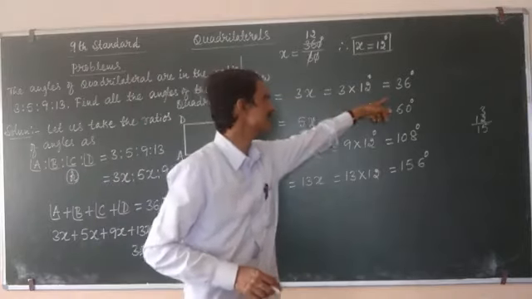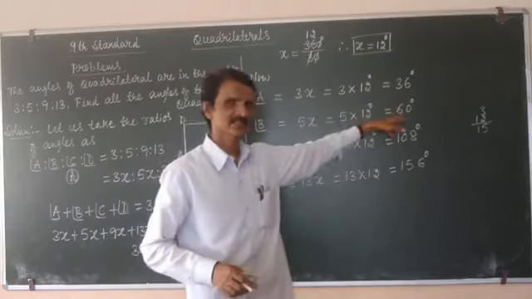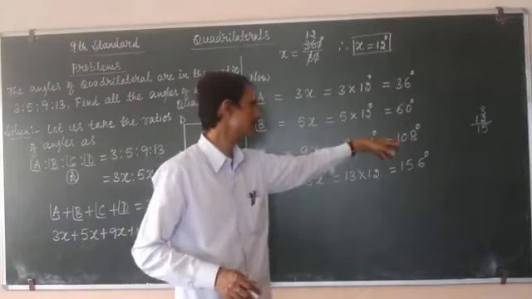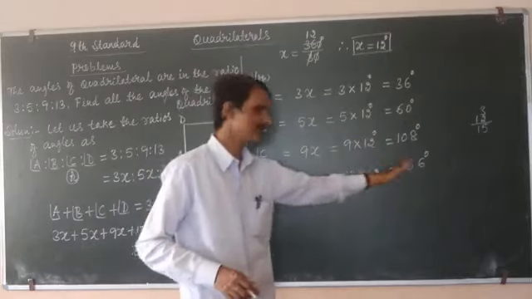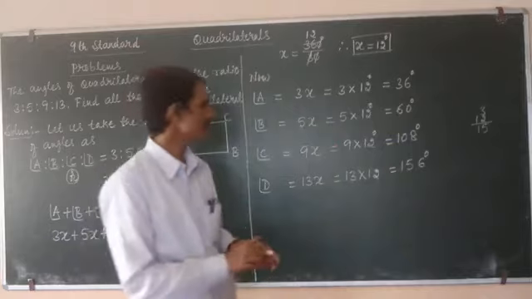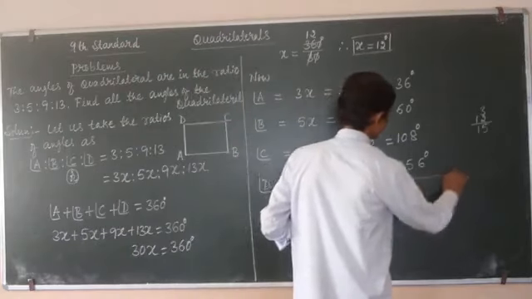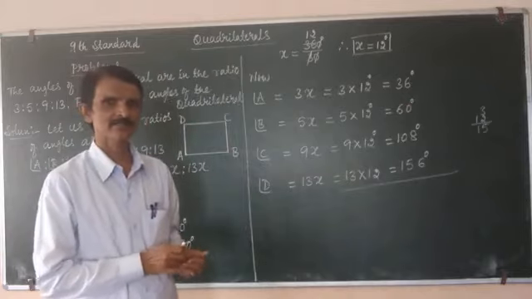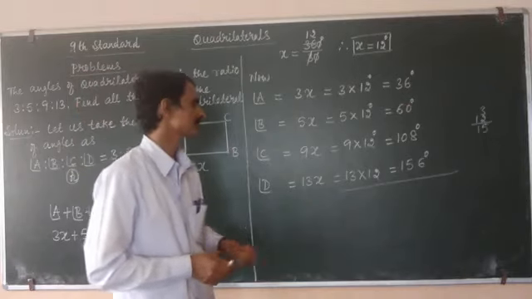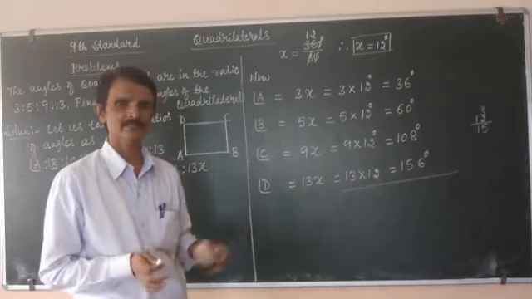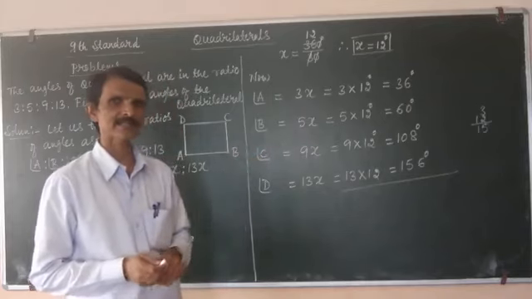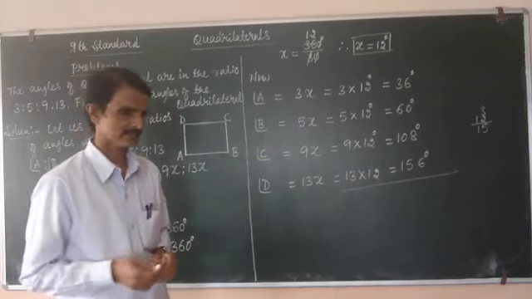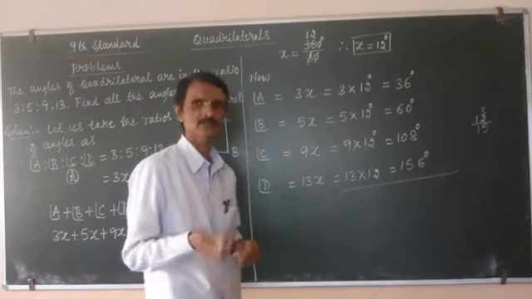Angle A is 36 degree, angle B is 60 degree, angle C is 108 degree, angle D is 156 degree. So by cross verification, we check whether the angles we have calculated are correct or wrong.